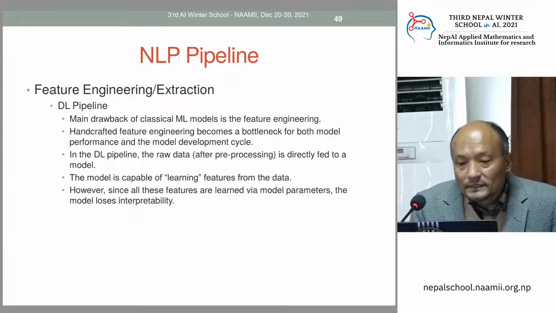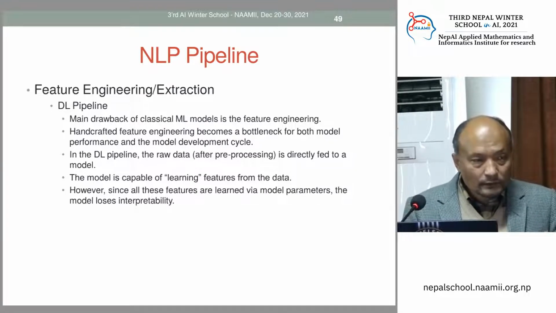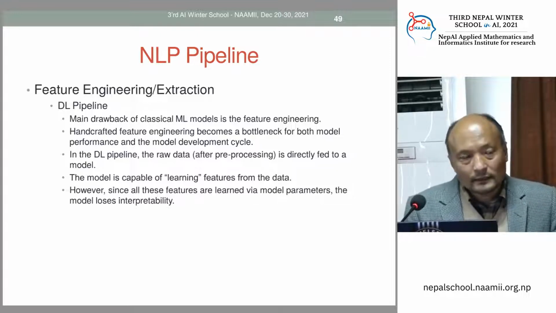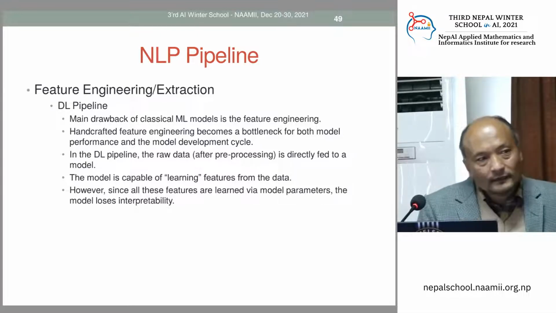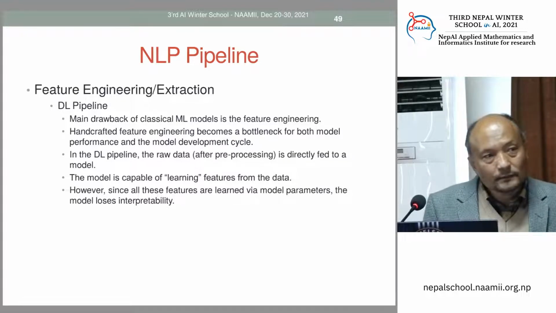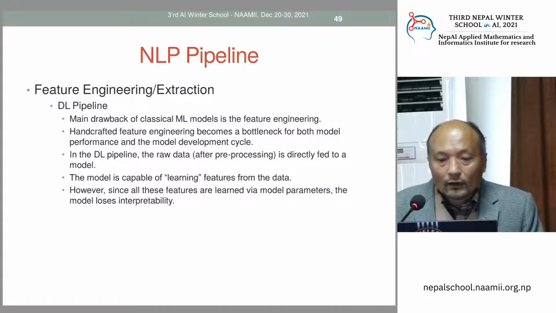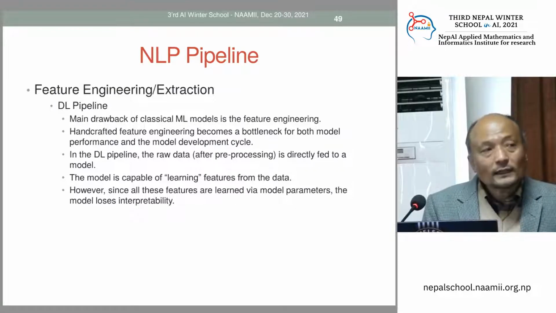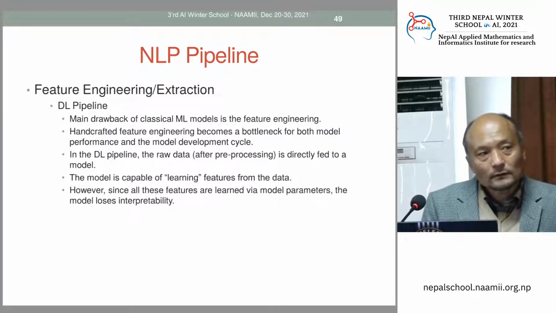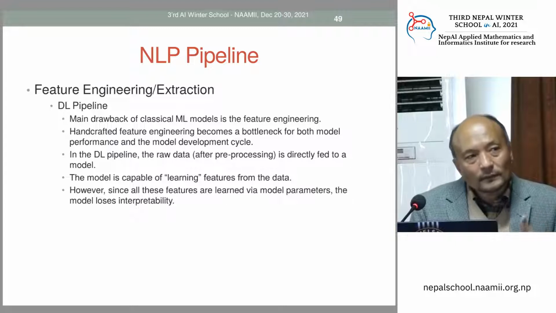Since all these features are learned via model parameters, what you essentially do is fine-tune the hyperparameters. You change the learning rate, maybe the dropout rates, or increase the layers. Since all these features are learned via model parameters, the model loses interpretability. It serves as a black box now. It's difficult for you to say what's happening because of what.